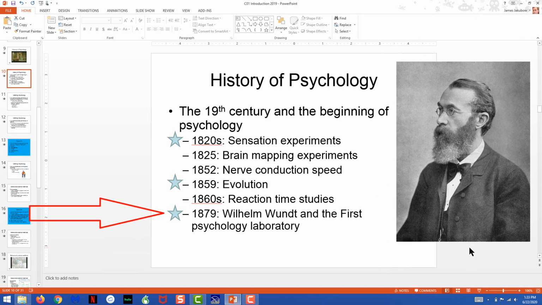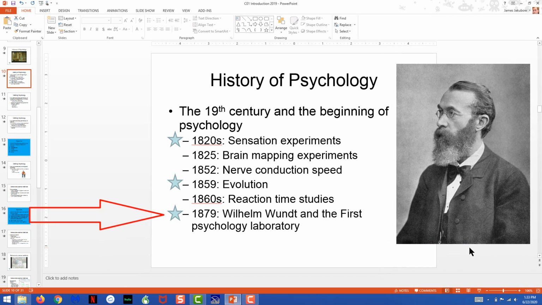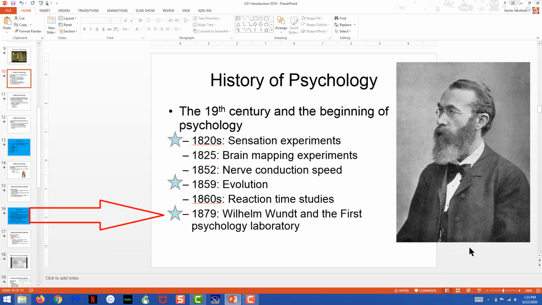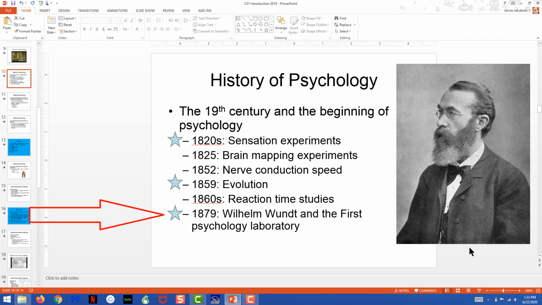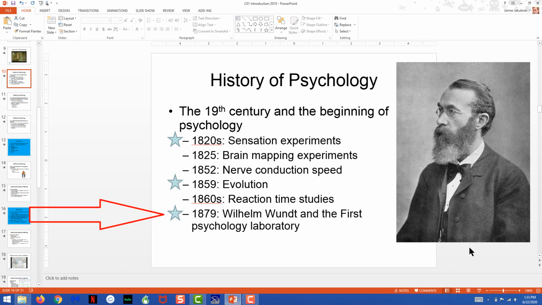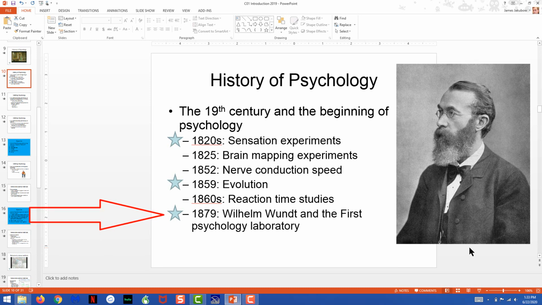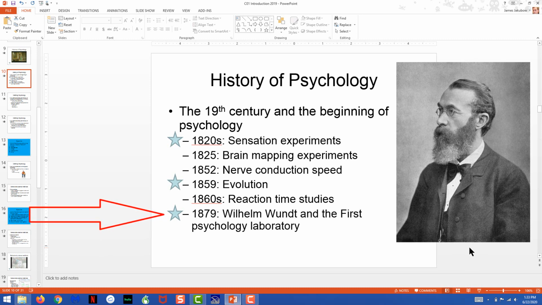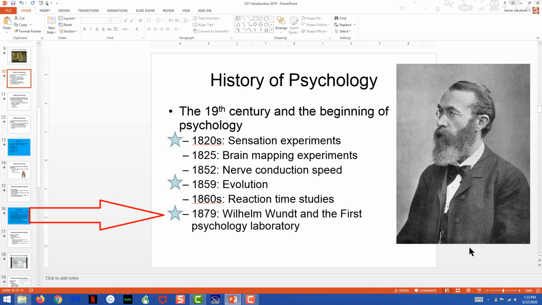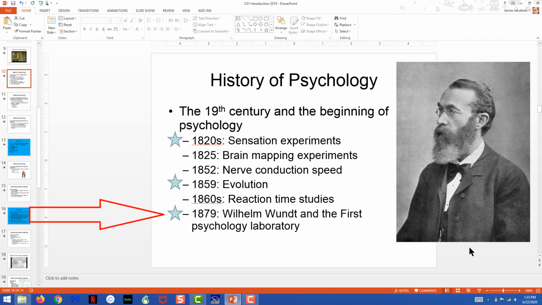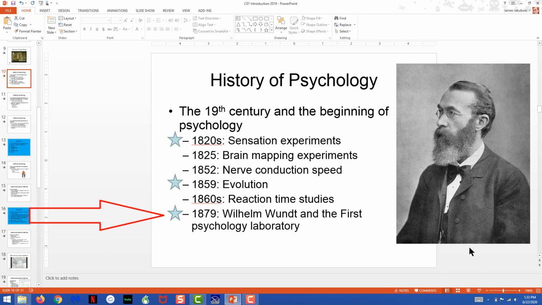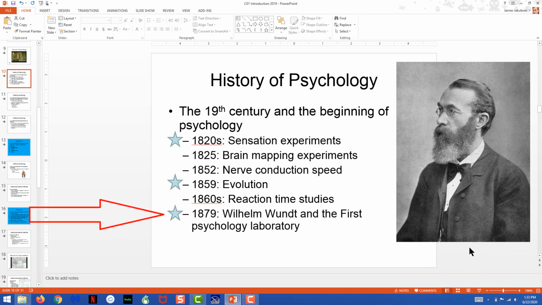As a medical student, he had to take night shifts at a hospital, and while he was there, very sleepy, he almost poisoned one of his patients by accident. As a result, he decided to get out of medicine because he didn't want to accidentally do this kind of thing again. But he finished his education and essentially got what you would refer to today as a PhD in biology, as opposed to a medical degree.